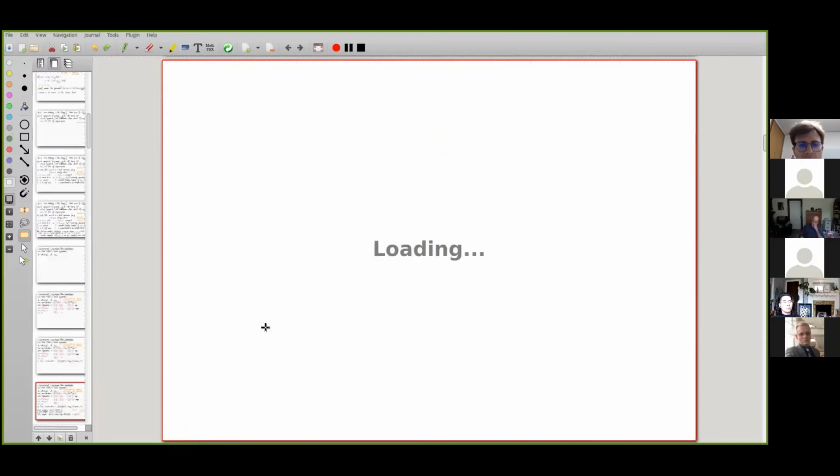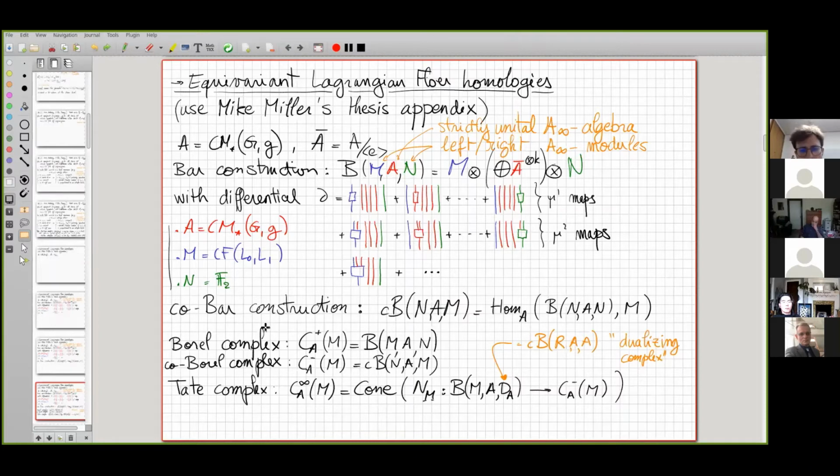Using these constructions, we can define three complexes: the Borel complex, the co-Borel complex, and the Tate complex. It's a kind of mapping cone between such things. I'm not going to tell you more about this, but I invite you to read Mike's thesis appendix, which is well written.